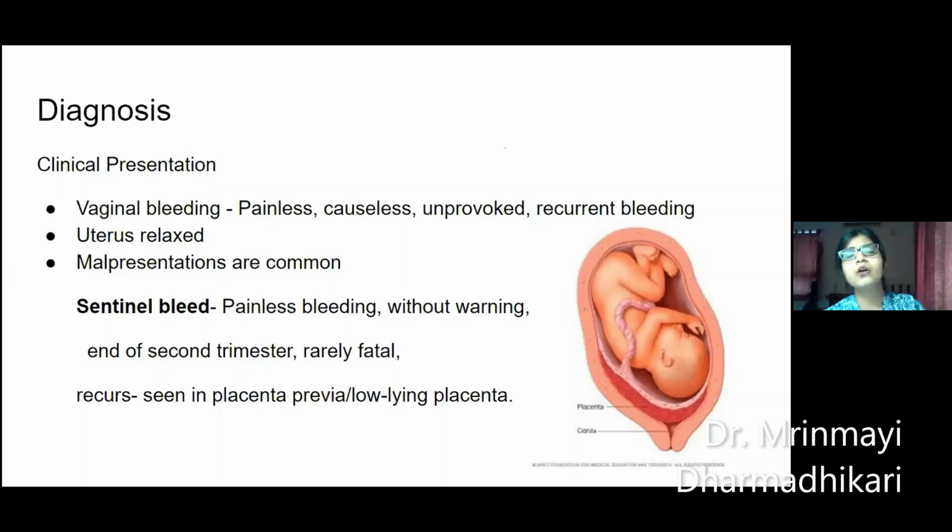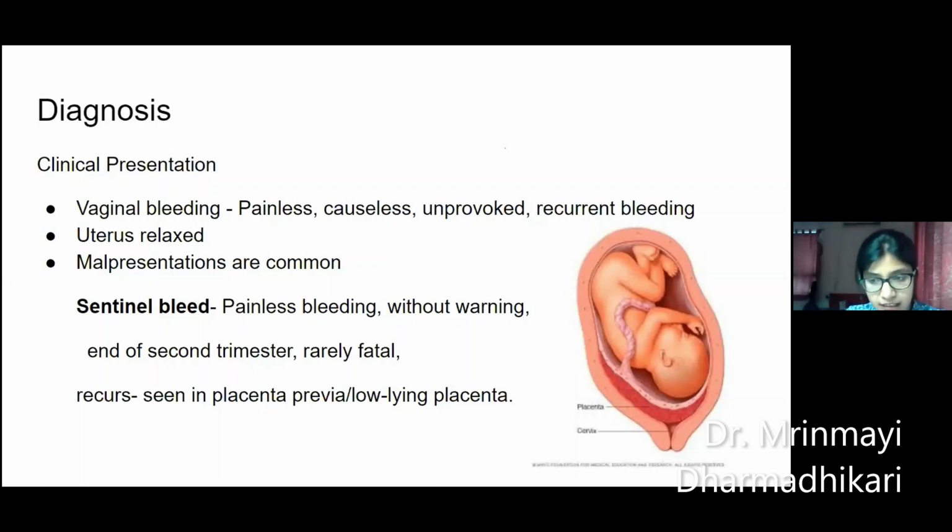Now, sentinel bleed is very commonly seen in placenta previa or low-lying placenta. As I said, it is a painless bleeding, occurs without warning, generally at the end of the second trimester or beginning of the third trimester. Why? Because this is the time when the lower uterine segment starts developing and there is a remodeling of the uterus causing placental shearing and separation.